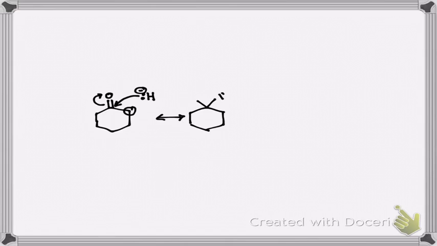Okay. So the product of this reaction will look something like, is it the 7-membered ring again? It's so hard to draw it right.